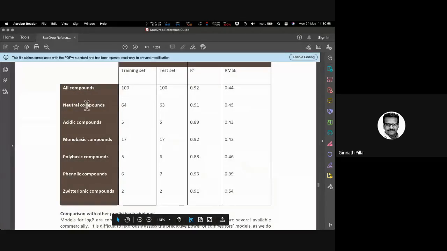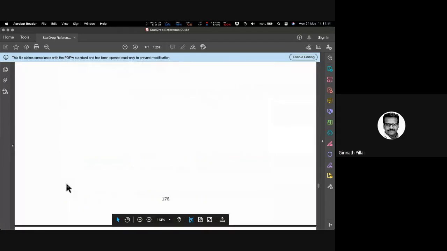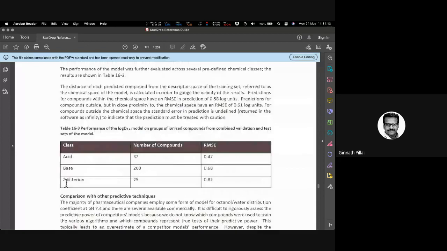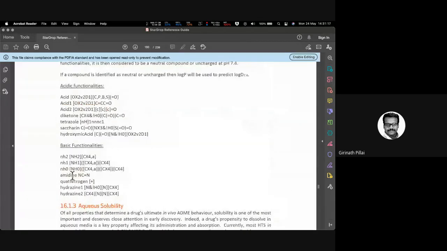So now if you see here, we have neutral compounds, acidic, monobasic, polybasic, phenolic, and zwitterionic compounds. All these types of chemotypes of compounds are used in the training set to predict logS. Similarly, we have certain other molecules also, acid-base zwitterions, different kinds of amides, then acid functions, different functionalities, basic functionalities are also given.